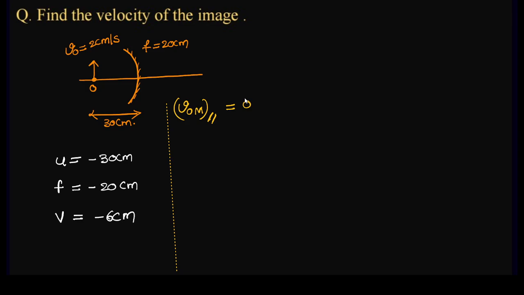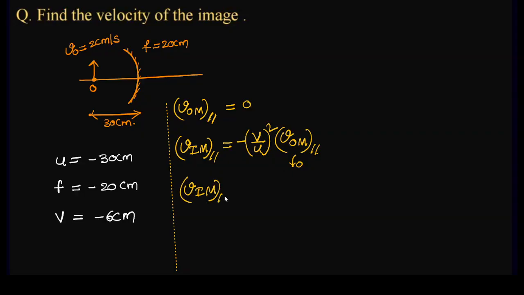There is no parallel velocity. So what is the formula for the velocity of image with respect to mirror in parallel? It is equal to minus of v by u whole square into the velocity of object with respect to mirror in parallel. Since this term is 0, the velocity of image with respect to mirror in parallel is also 0.